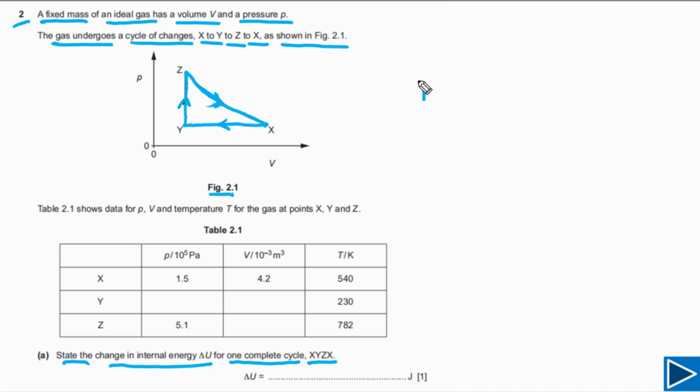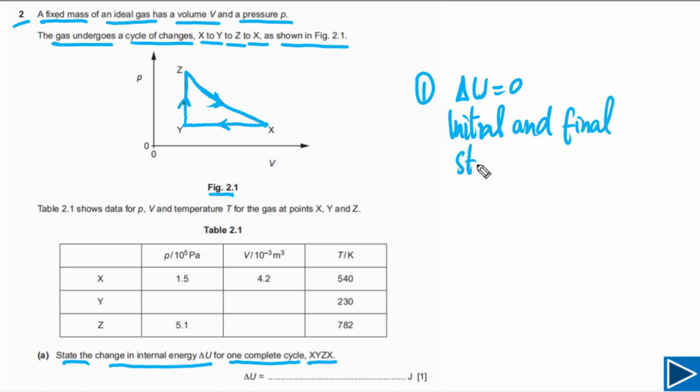So the first key concept you need to understand is delta U is equal to 0 if the initial and final states are the same. Initial and final states are the same for any ideal gas.